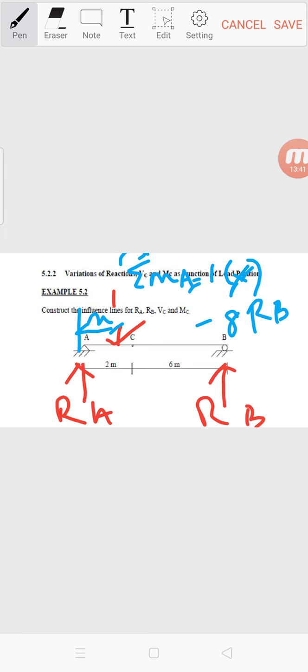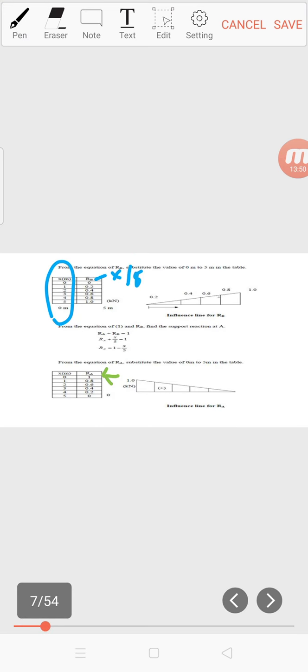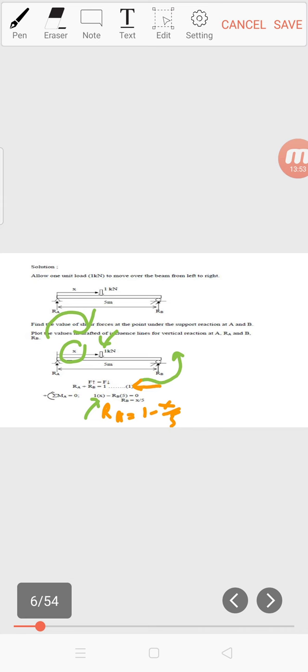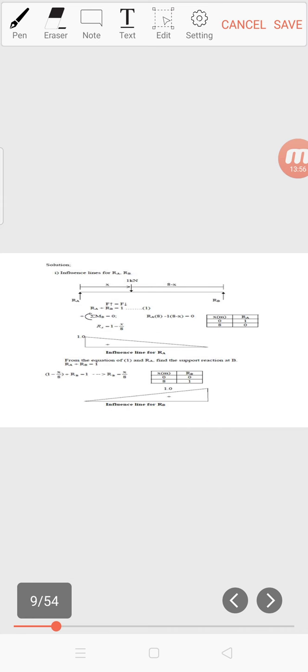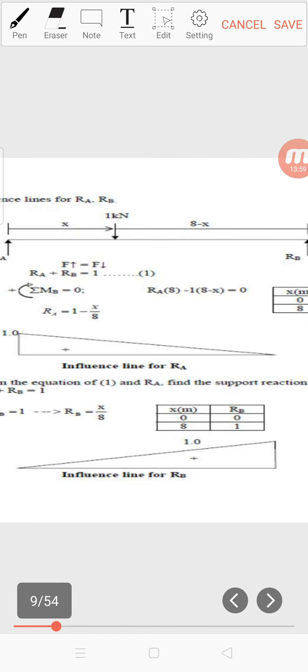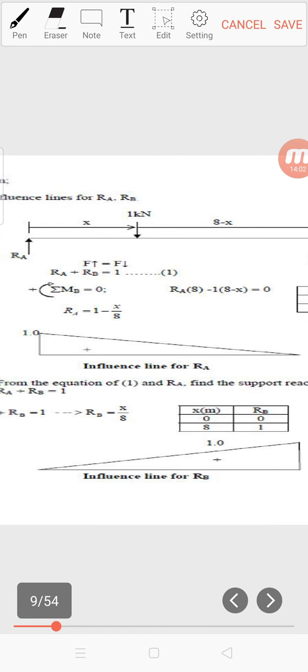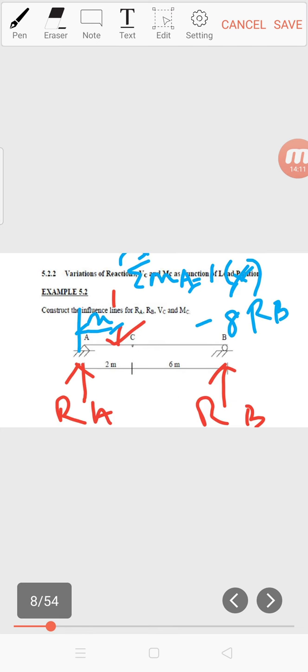So if I do MA, moment at A, equal to 1x minus 8RB equal to 0.